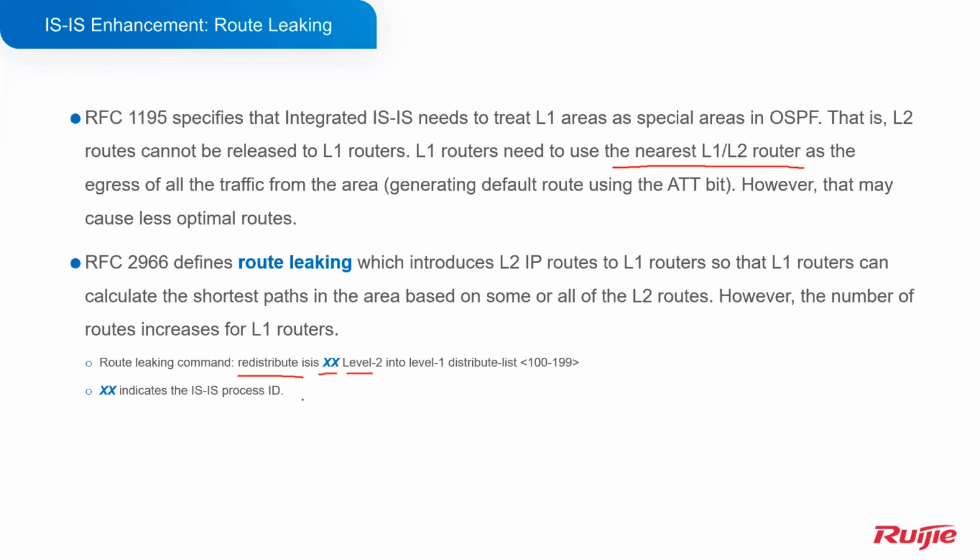By default, the level 2 routing information will not be added into the level 1 database. So you can use this command to let the level 1 router know everything. But pay attention, because you get more information, your database will be bigger. It will take lots of resources. So pay attention to this one.